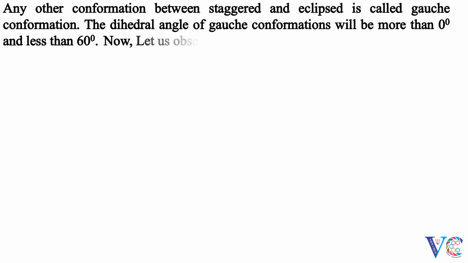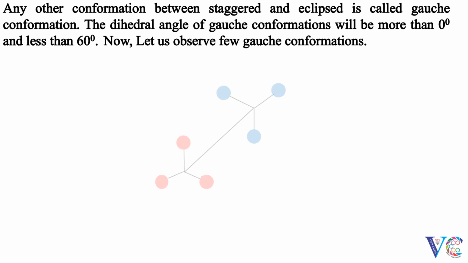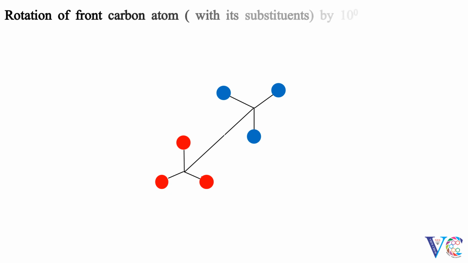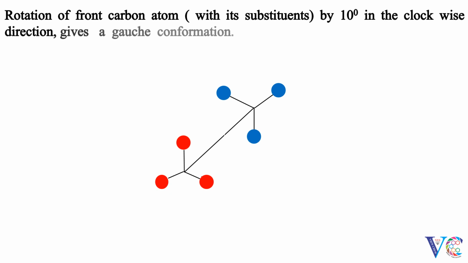Now, let us observe few Gauche conformations. Rotation of front carbon atom, with its substituents, by 10 degrees, in the clockwise direction, gives a Gauche conformation.